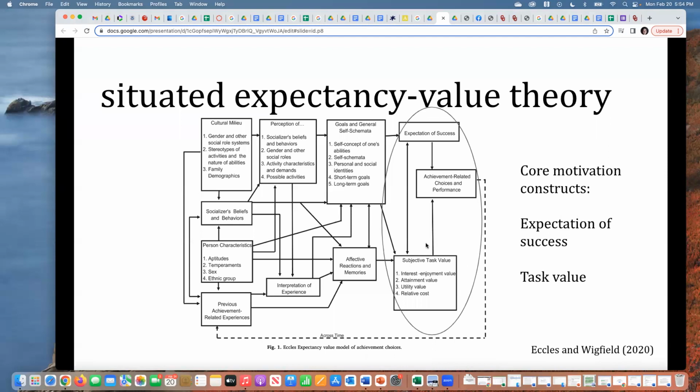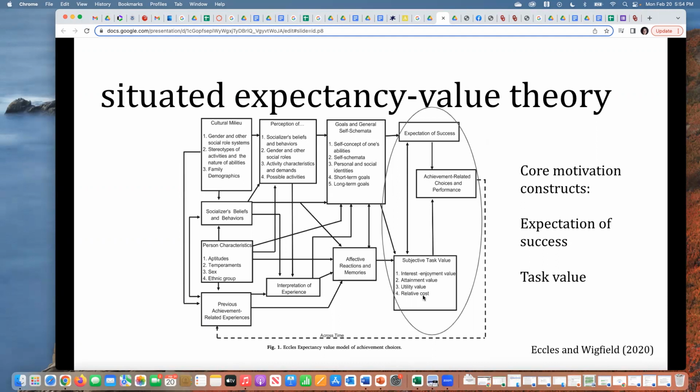Second is the why do I want to do this construct, in other words, students' reasons for engagement or a lack of engagement. What that motivation construct maps onto in this model is students' subjective task values.